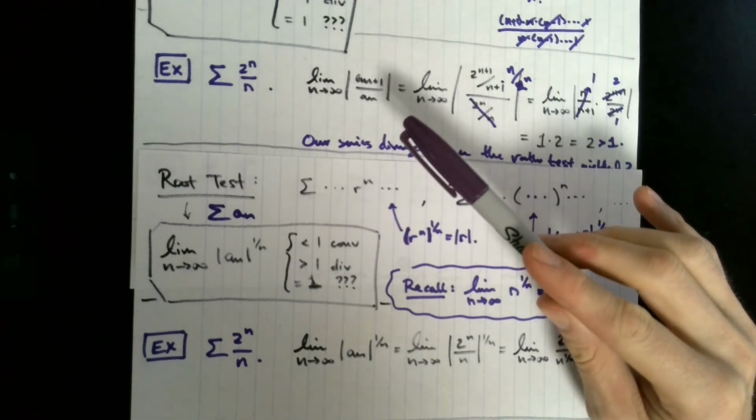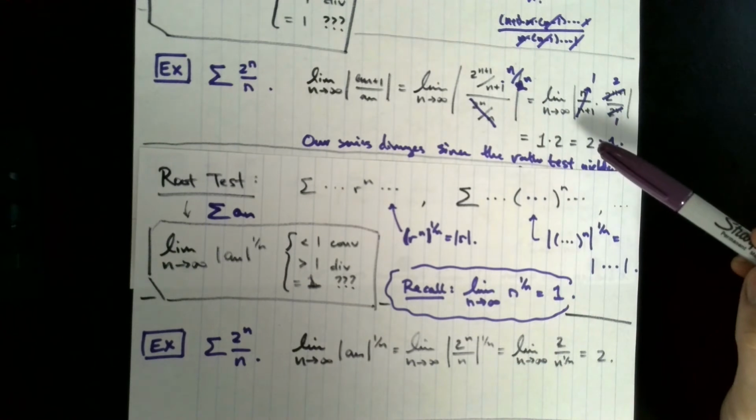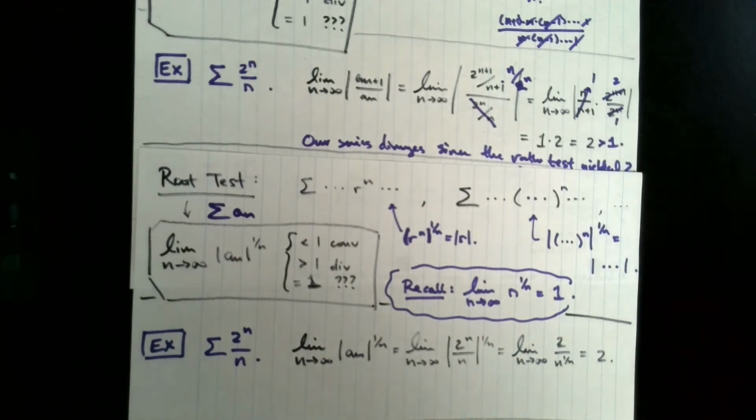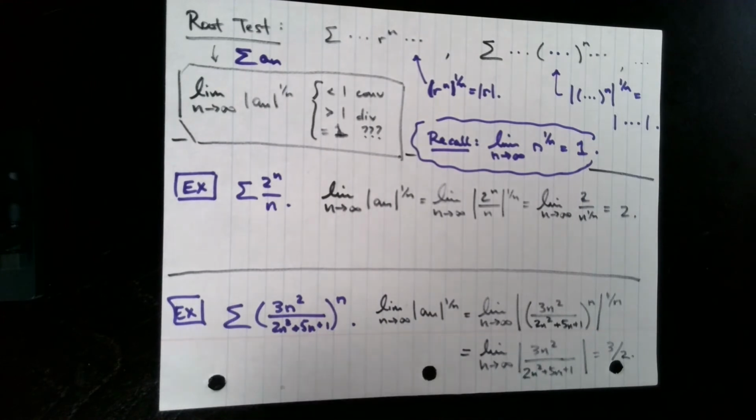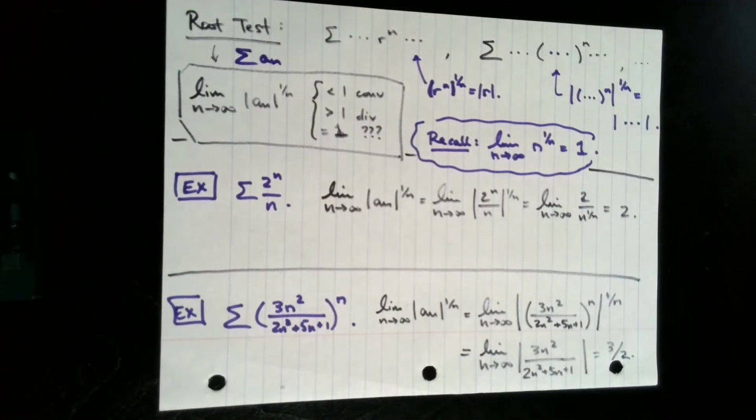The sum of 2 to the n over n, and what we saw was that the series started acting like a geometric series with common ratio of 2. Here we're dealing with the exact same series, so we should get the exact same result, but let's just make sure that that's the case.